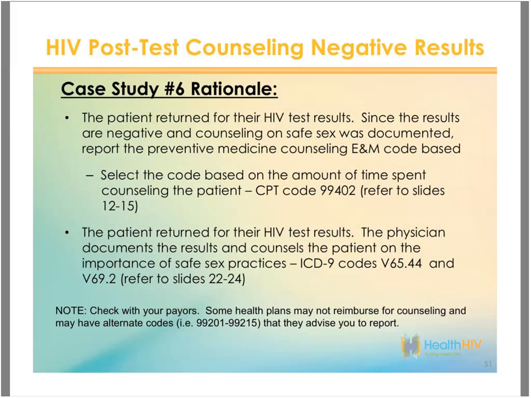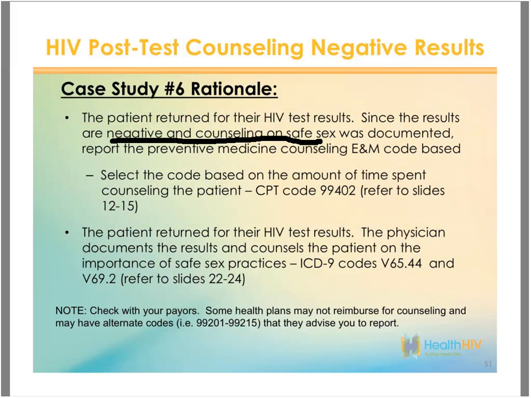Patient returned for their results. The results are negative, but the provider counseled the patient, so that's really what we're billing for in this encounter. We're billing for the counseling, not so much the fact that the patient's diagnosis is negative. You really want to make sure, though, that your documentation clearly states that the results are negative.